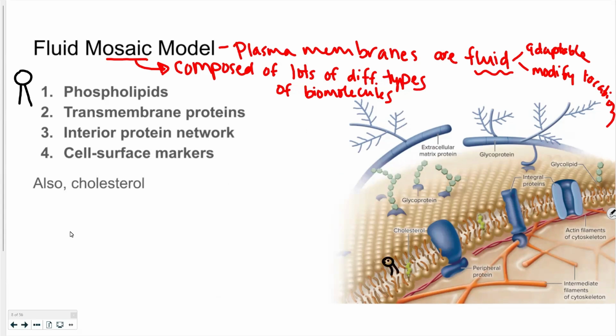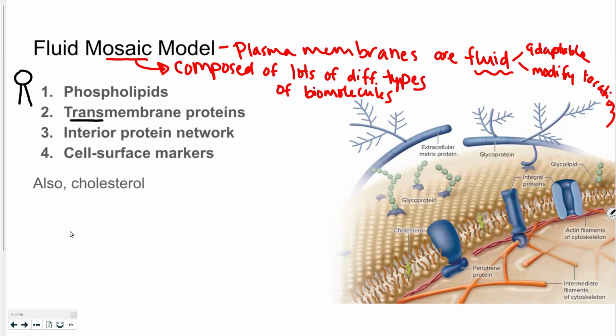So we have our phosphate head, we have our fatty acid tails, and we might recall from our chapter 3 that when we put a bunch of phospholipids together in water, they're going to spontaneously create this bilayer, where we have this layer and this layer sandwiching together so that our fatty acid tails can be hiding from the water because they're so scared of water. But then our phosphate groups can be hanging out with the water on the exterior of the cell. Okay, so those are our phospholipids.